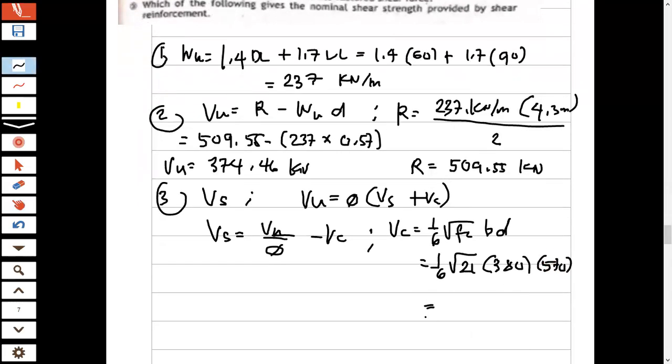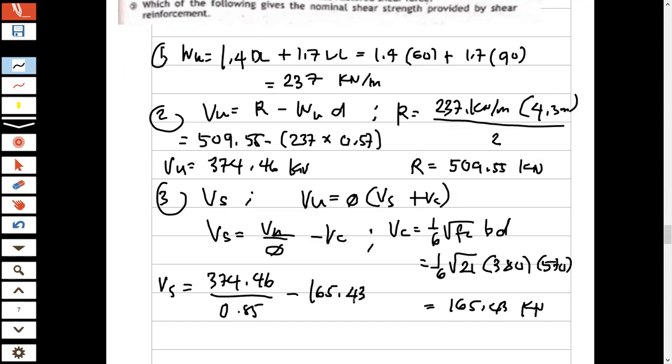So, you have here 165.43 kilonewton. Okay, yung VC. May VC na tayo. Then we have VS kasi VU is 374.46 divided by 0.85 minus 165.43. Therefore, we have shear reinforcement capacity for steel equal to 275 kilonewton.